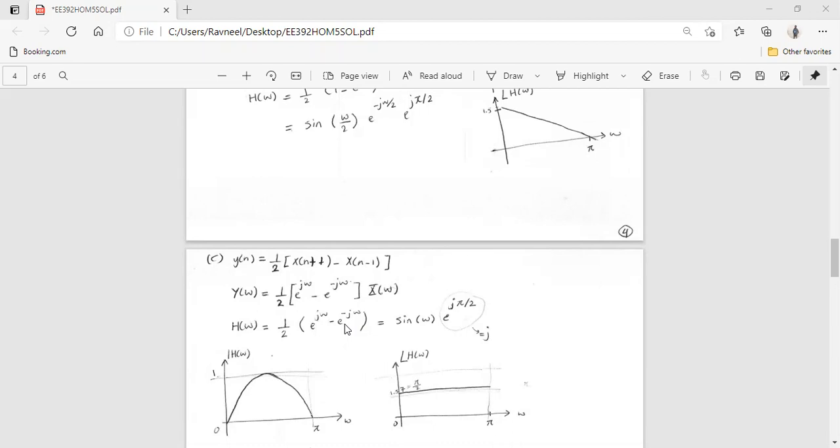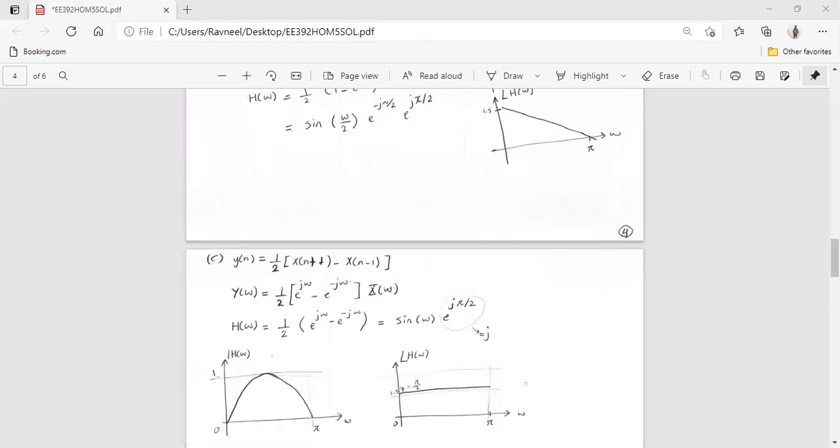While this whole term can be rewritten as sine omega, right? So we get something like this. Again, it is in the form of r e to the power of j theta. So basically, we can take out our magnitude, that is sine omega. So we just need to draw that particular part, sine omega.